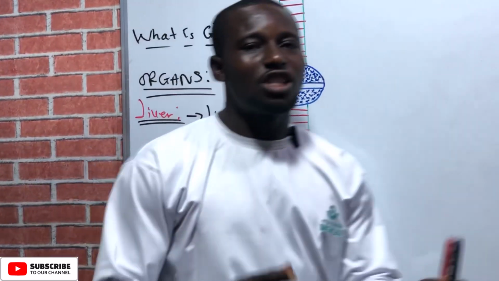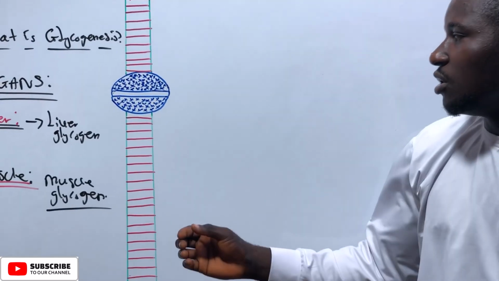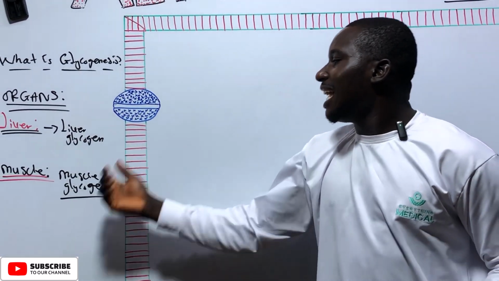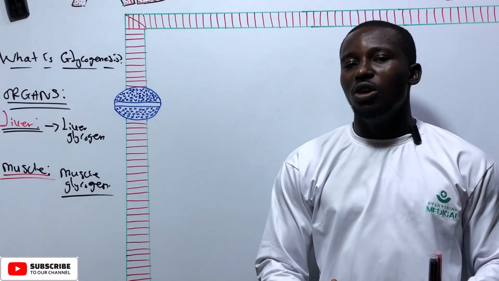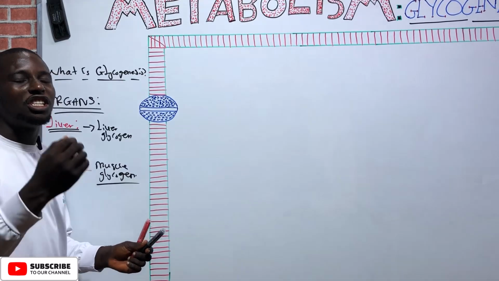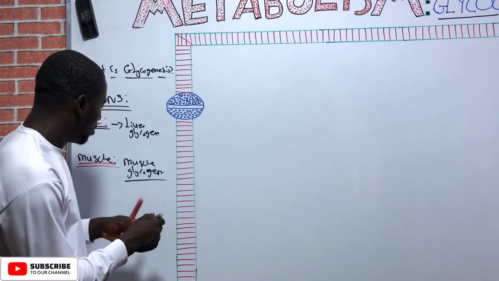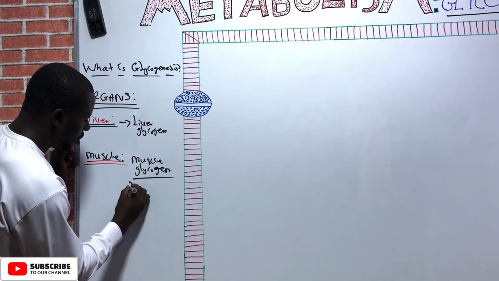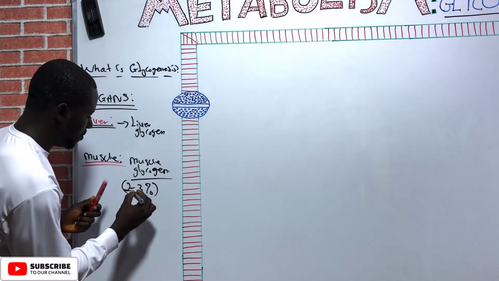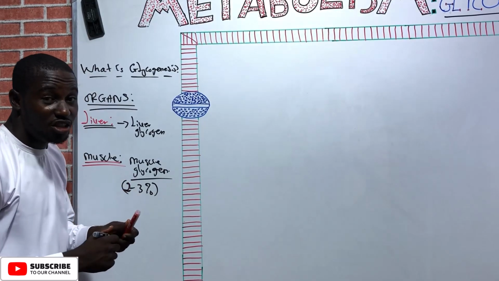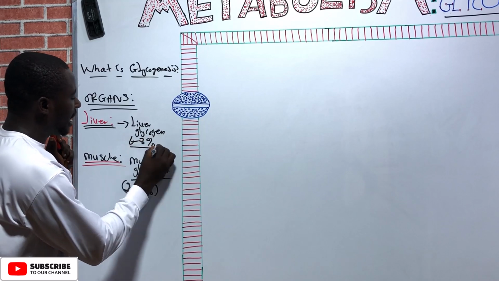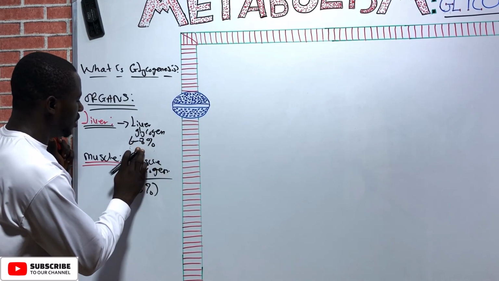Then in respect to the storage form of them, because the glycogen is stored in the liver, we call it liver glycogen, and the glycogen stored in the muscle is muscle glycogen. Okay, these are their percentages. 2 to 3% of glycogen is stored in the muscle, while 6 to 8% of glycogen is stored in the liver.